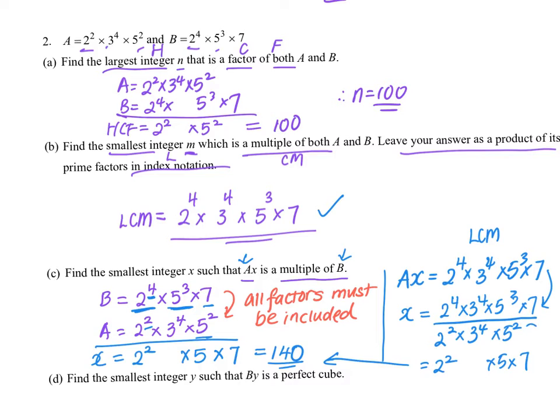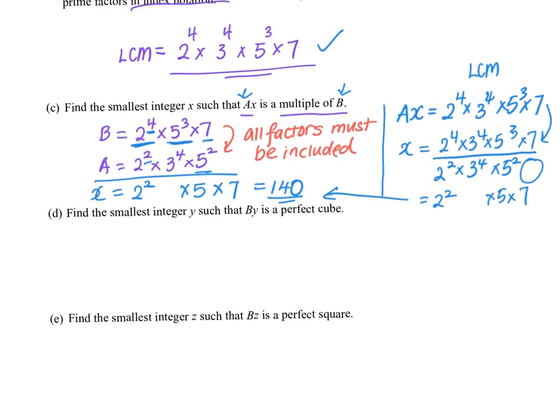Here there is nothing to cancel. The 7 divides away, so left 7. A doesn't have 7, but B has 7. B must be inside. B has 7, so 7 must be inside. B doesn't have 3, so I don't need to care about 3. I only care about B, whatever is inside B. Okay?